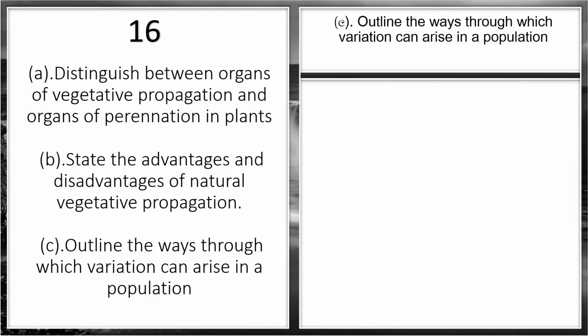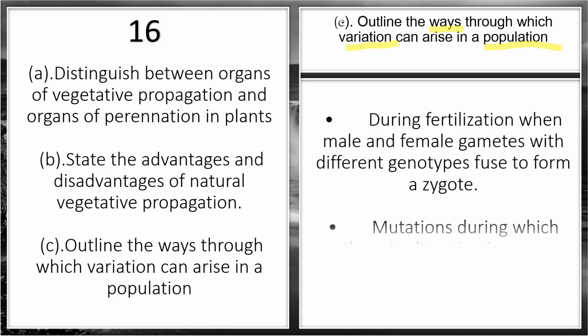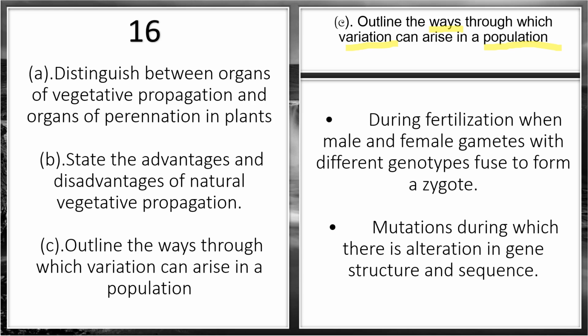Part C. Outline the ways through which variation can arise in a population. It can arise during fertilization, when the male and the female gametes with different genotypes fuse to form a zygote. It can happen by mutation, during which there is alteration in gene structure and sequence.